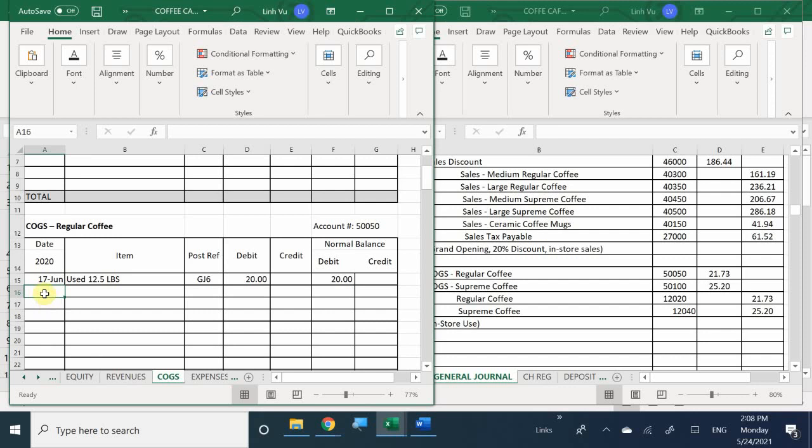Cost of goods sold regular coffee. We use 13.5 pounds for 21.73, GJ7.